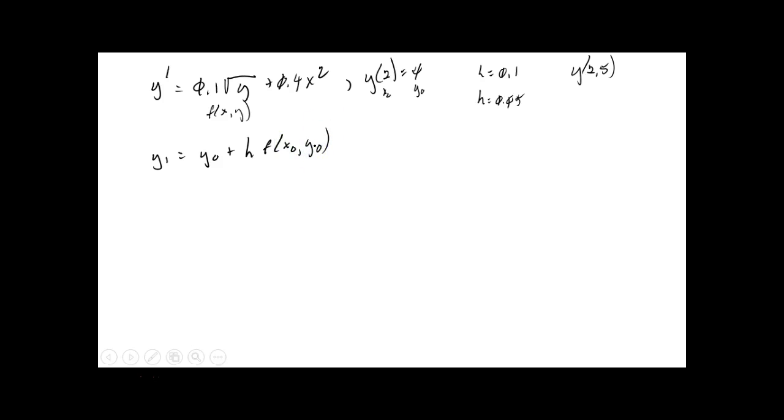So there's no x1 listed here yet. We'll get that on the next step. All we have are things we know here. We pick the h, we know the x0, we know the y0, and we can plug in the x0, y0 and get that. Now let's do alpha of x0, y0.